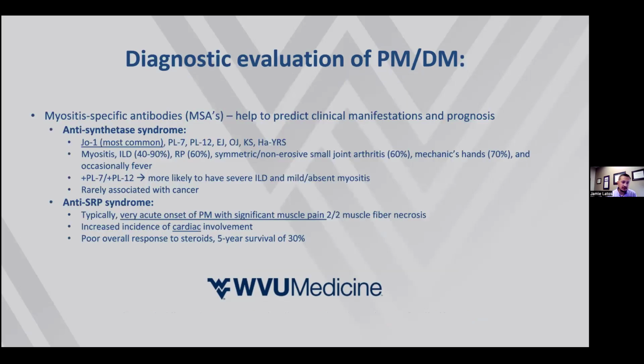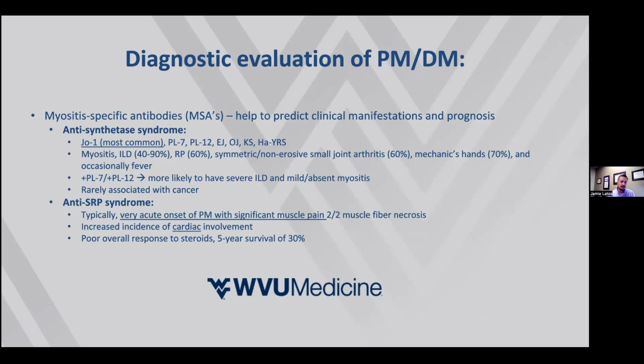So we won't touch base on every single one, but some of the highlights of these specific myositis antibodies. The first syndrome is anti-synthetase syndrome, and that was on one of the very first slides talking about the Peter and Bohan criteria. So this is an inflammatory myopathy, but it comes with other things.